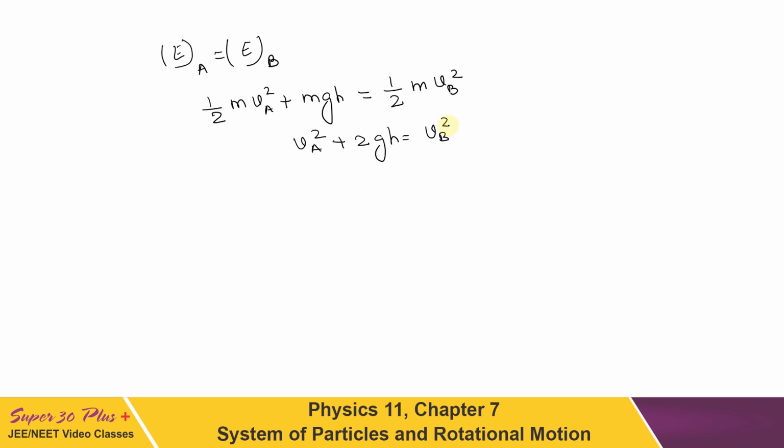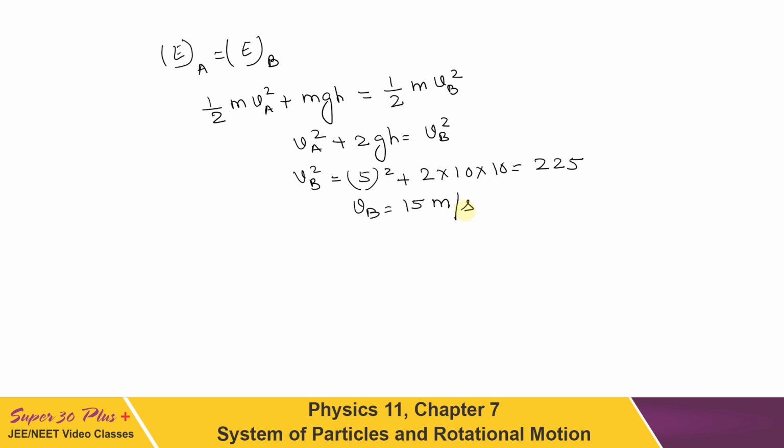On substituting all the values, VB square will be equal to 5 square plus 2 into 10 into 10, which is 225. So we can write VB to be equal to 15 meter per second. We got the speed at the lowermost point.